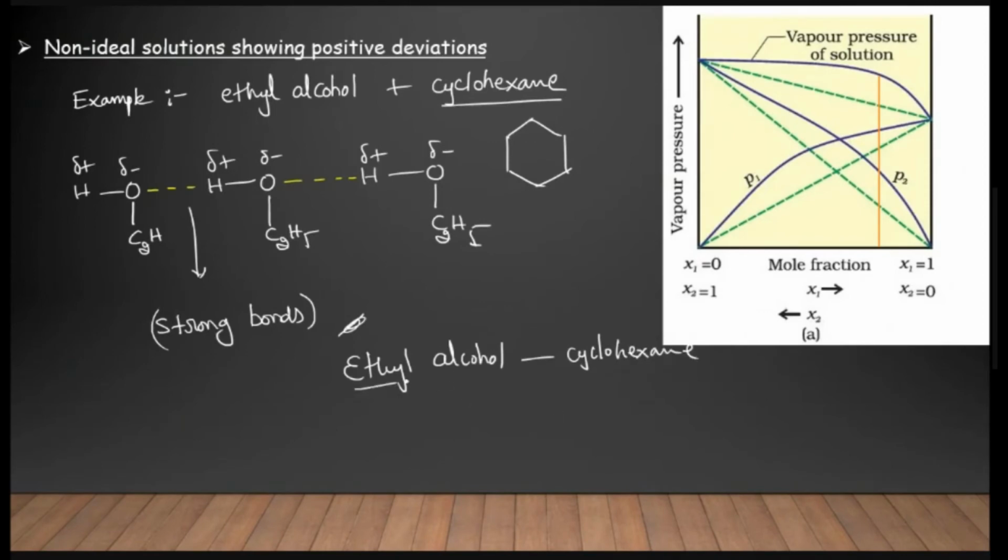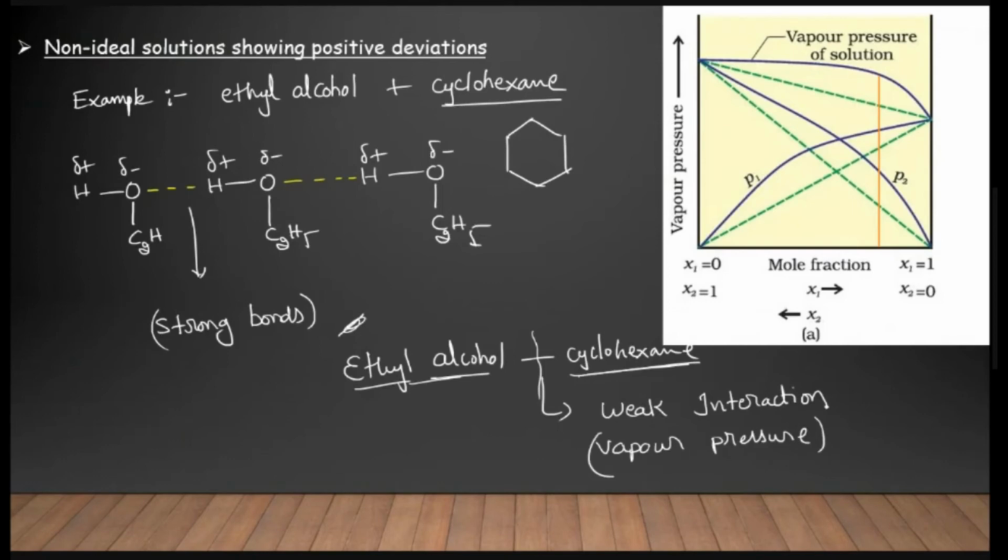A new kind of interaction is formed, that is, ethyl alcohol interacting with cyclohexane. This new interaction is going to be a weak interaction, due to which you can easily expect the molecules to come into the vapor phase and increase the vapor pressure.